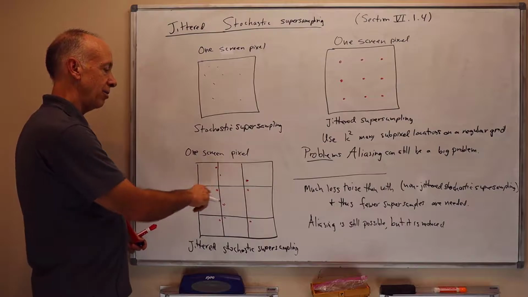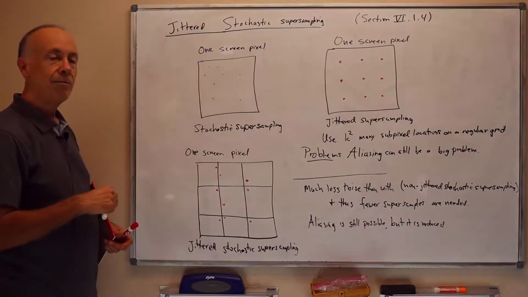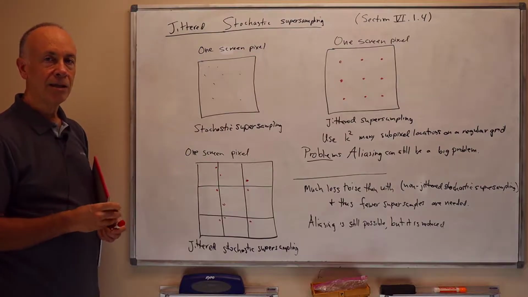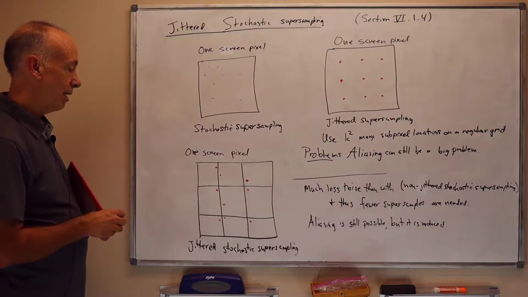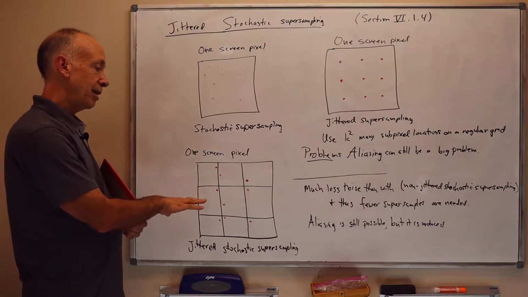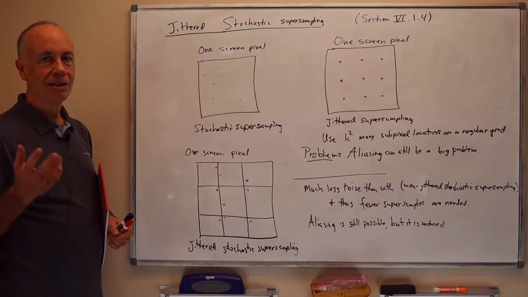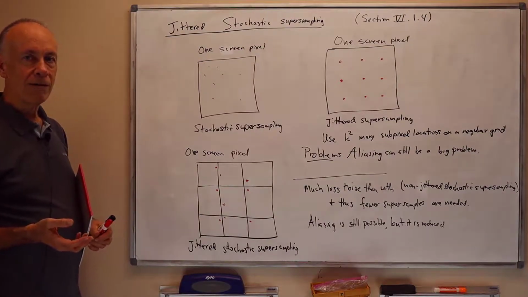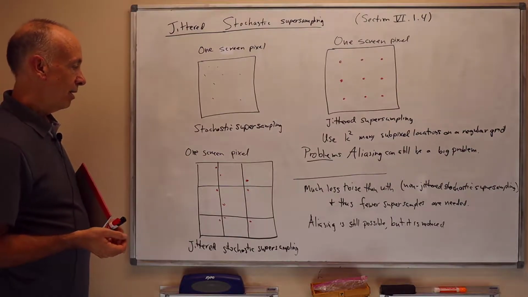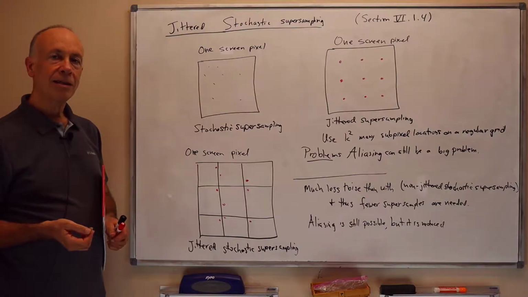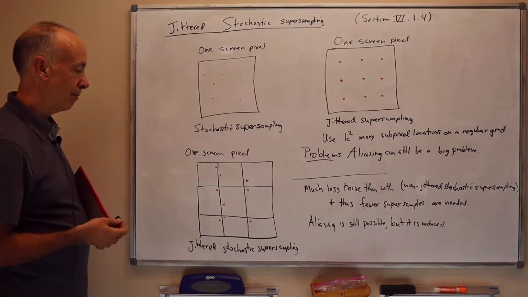There's still some pattern to the way the subpixel locations are placed, and so that can lead to interference patterns with details inside the texture map. But nonetheless, it tends to be a much higher quality and a nice middle ground where you can get by with not so many supersample locations. For instance, a 4 by 4 or a 5 by 5 tends to give very high quality results, even in demanding situations. So you don't have to use that many supersamples to get good results with jittered stochastic supersampling.